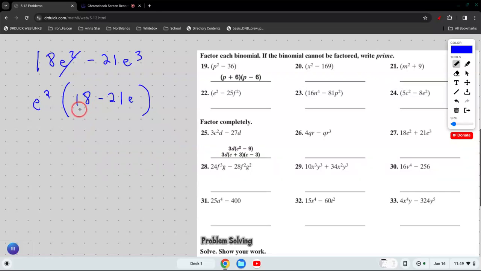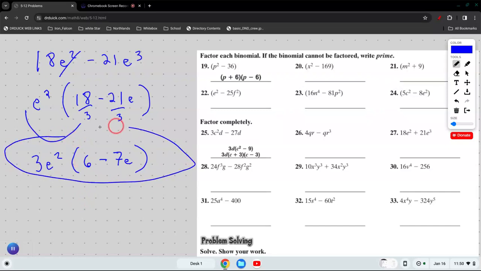Now let's say I divide them both by 3. So I can put the 3 up here to the outside. 3e squared times 6 minus 7e. That's it. We're stuck. Can't do anything else with it, right? That would be the answer to that problem.